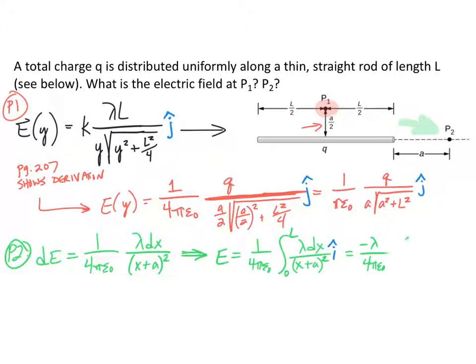And we'll have this 1 over x plus a evaluated from 0 to L. And surprise, surprise, at the end of this the electric field in that x direction is going to be minus q over 4 pi epsilon naught L times 1 over L plus a minus 1 over a.